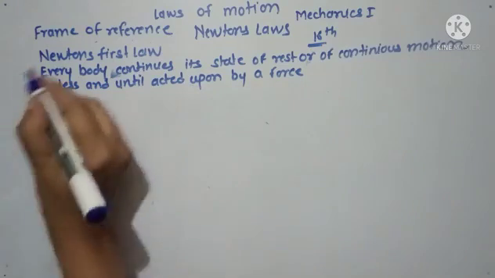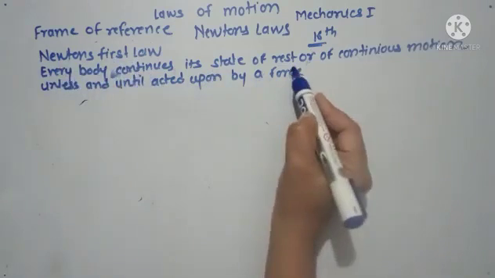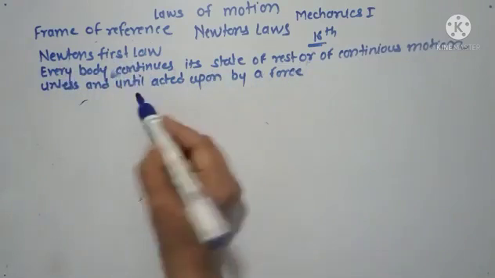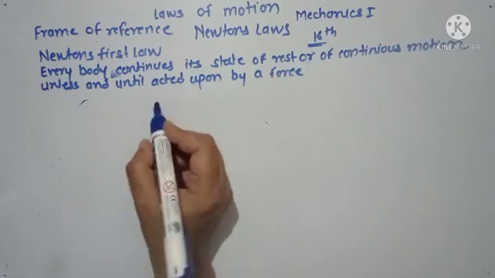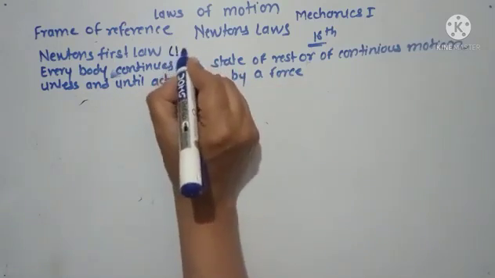So what Newton said is that every body continues its state of rest or of continuous motion unless and until it is acted upon by a force. This is called the law of inertia.